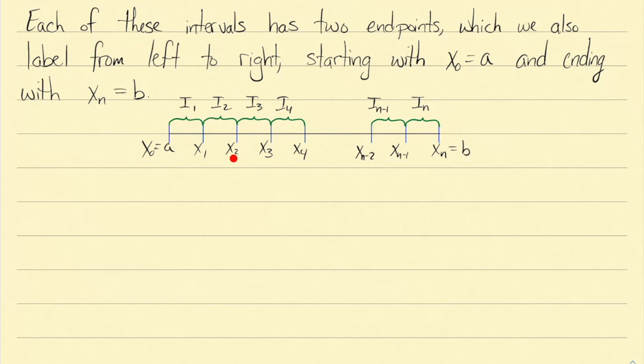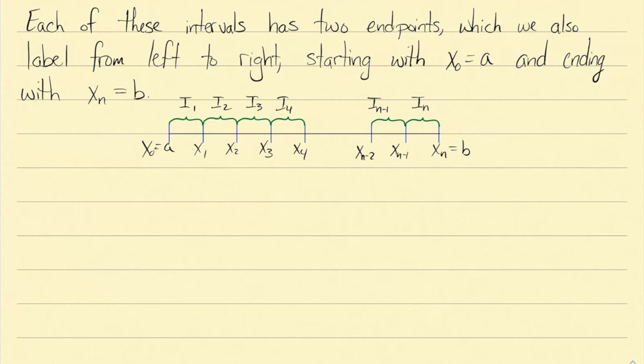x2 is going to be the right endpoint of I2 and the left endpoint of the third interval. x3 will be the right endpoint of the third interval and the left endpoint of the fourth interval. x4 will be the right endpoint of the fourth interval.